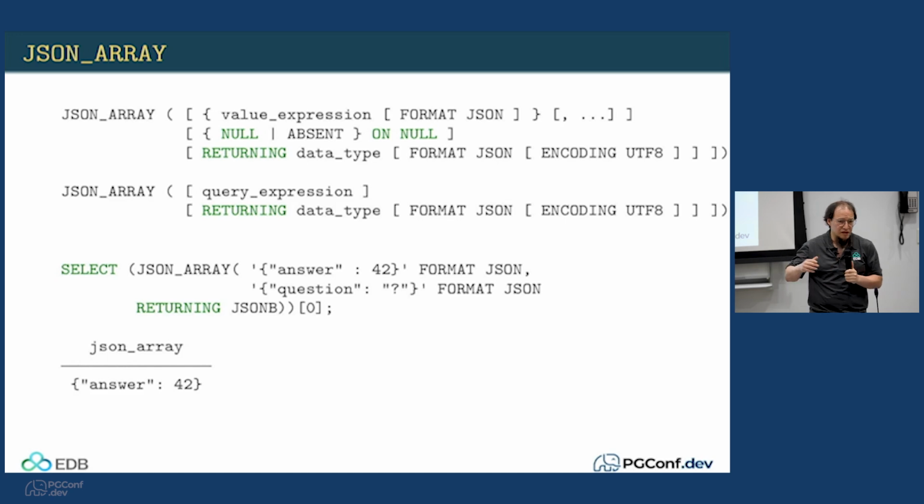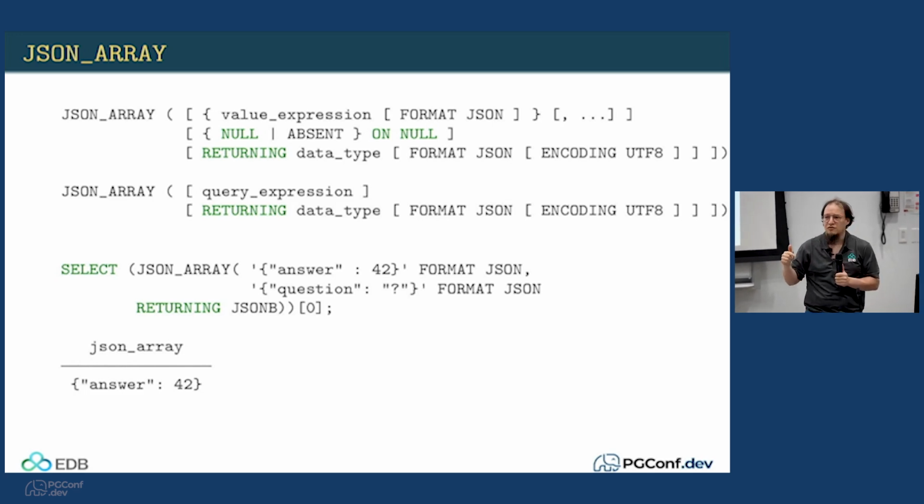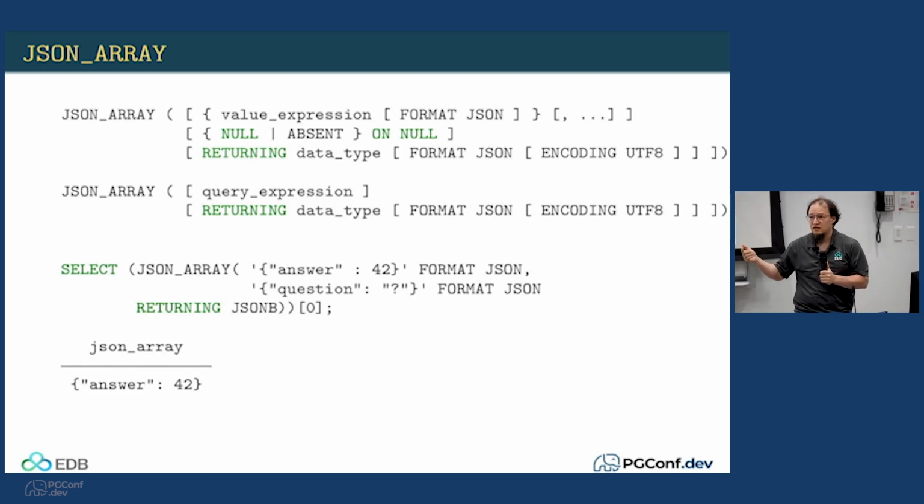So this is why it is returning to me just the first element of the array, and not both, because JSONB can be subscripted. If I omit the returning JSONB clause, then this returns type JSON, and type JSON does not allow subscripting. So this would throw an error.